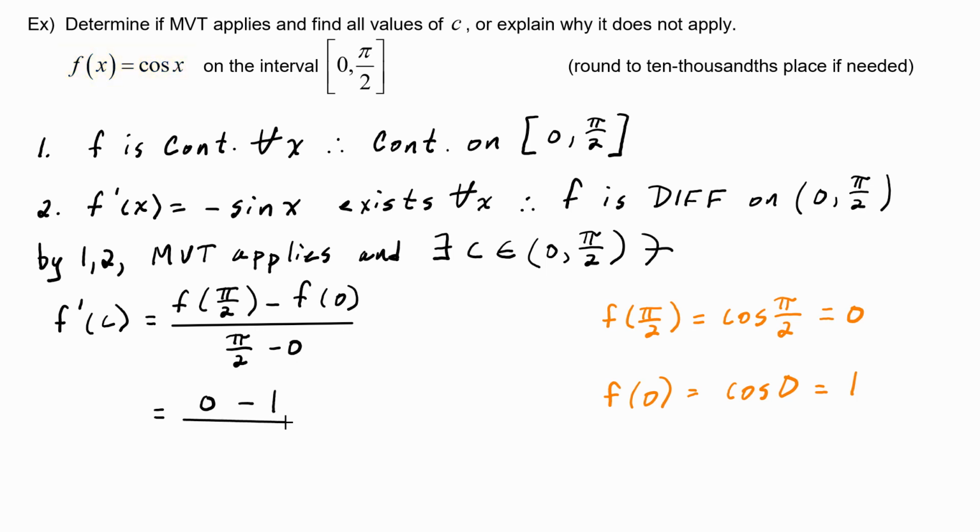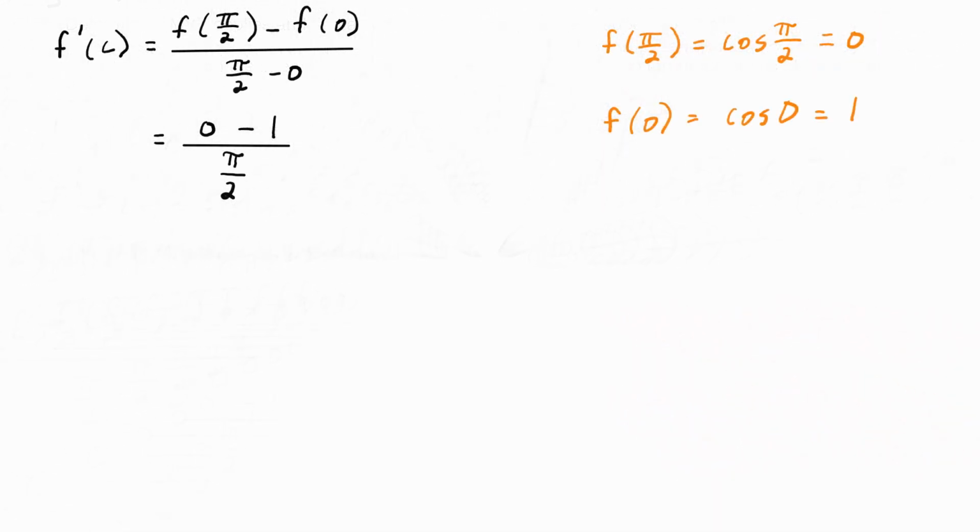And we have to put that over pi over 2. So simplifying this, we are going to get negative 2 over pi. And that has to equal f prime of c.